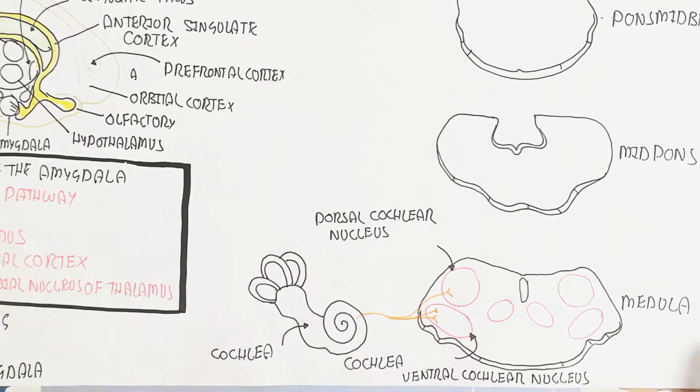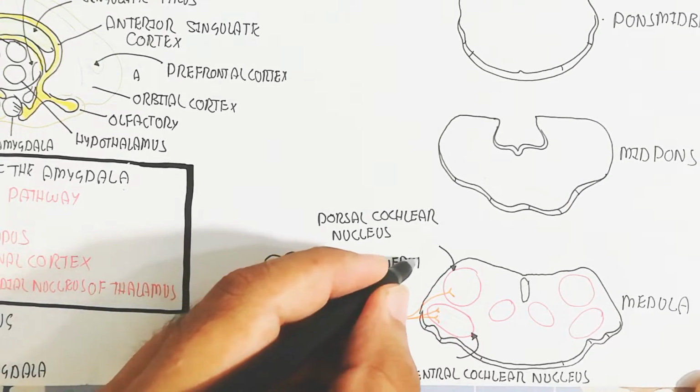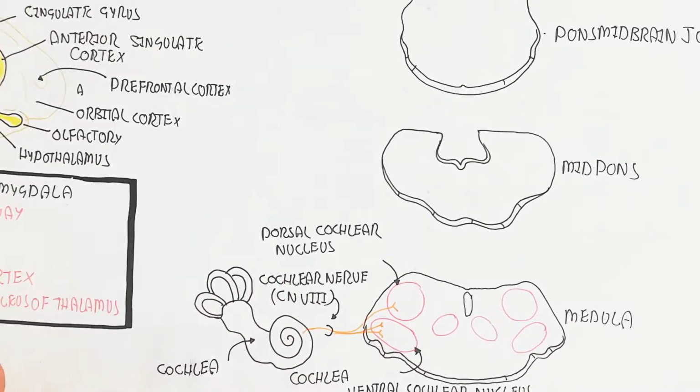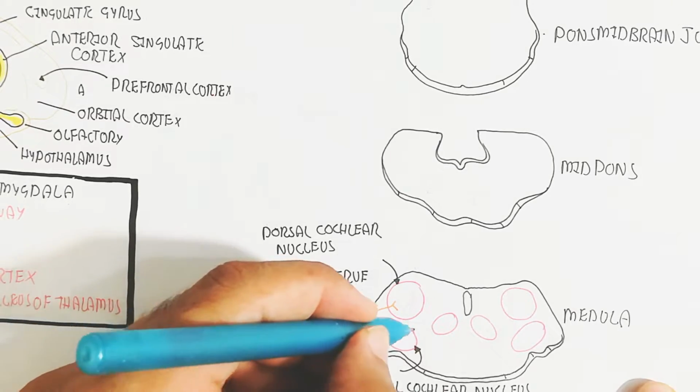So this nerve fiber will be divided and go into the dorsal cochlear nucleus as well as the ventral cochlear nucleus.